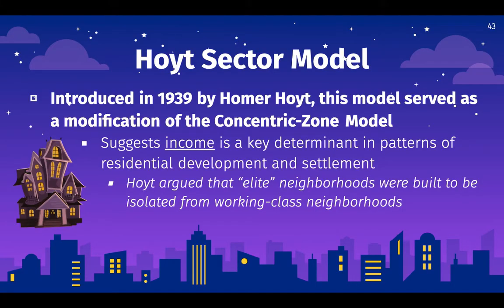Now, later on, we get the development of what's called the Hoyt sector model. And this is similar to the Burgess model, but there's a huge emphasis on income as a key determinant in these patterns and processes of residential development and settlement.